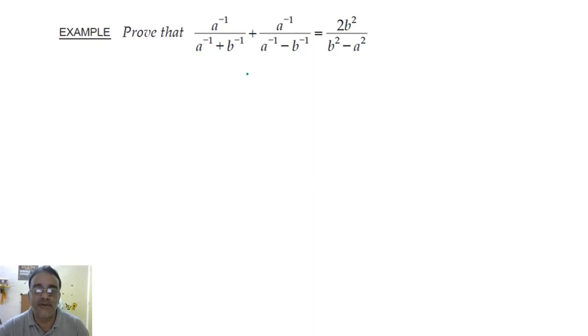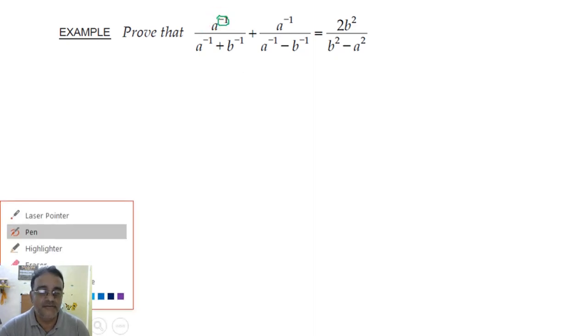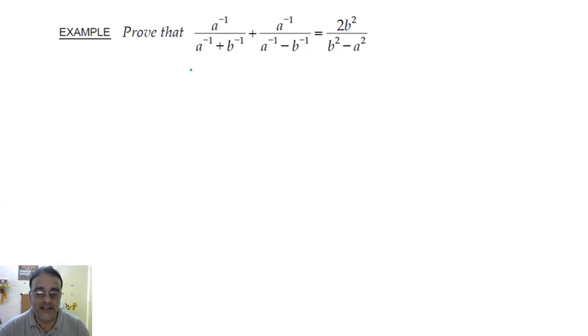I want to remove this power minus, so I will take the reciprocal. On the left hand side, it becomes 1 by a, 1 by a, 1 by b, 1 by a, 1 by a, 1 by b.